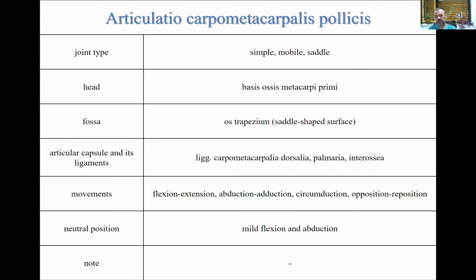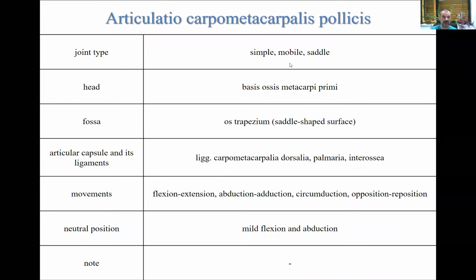As we proceed from the hand, we come to the carpometacarpal joints. All the carpometacarpal joints, except the first one, are plain, simple joints. They are amphiarthrosis, no special movements. But the first carpometacarpal joint, or the carpometacarpal joint of the thumb or of the pollex, is special.